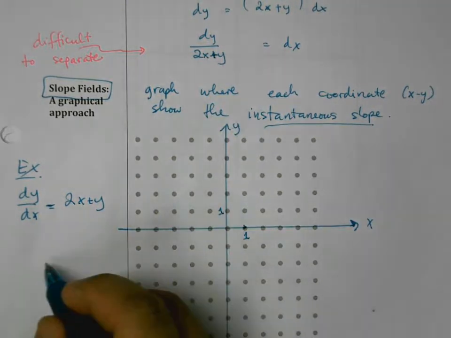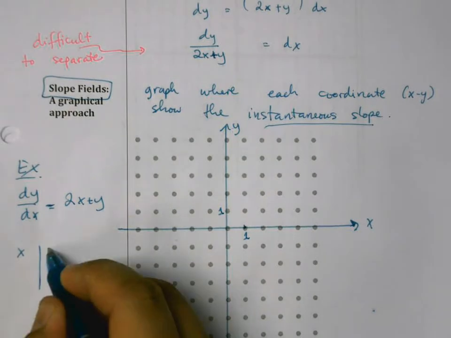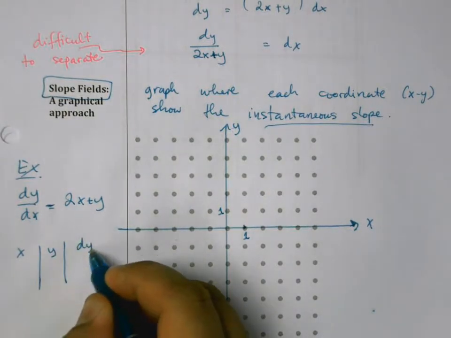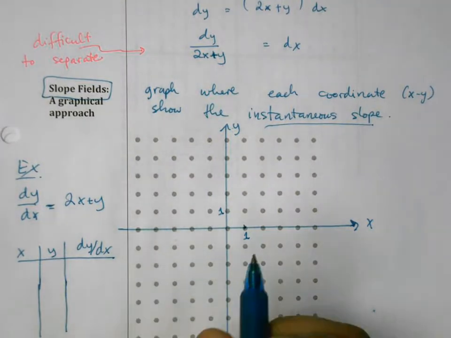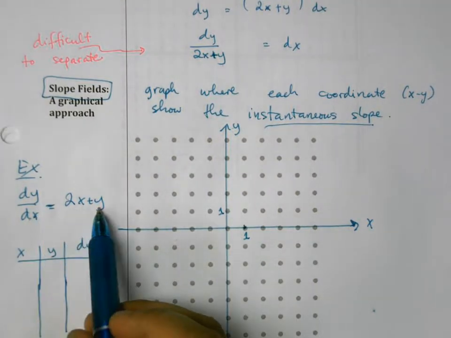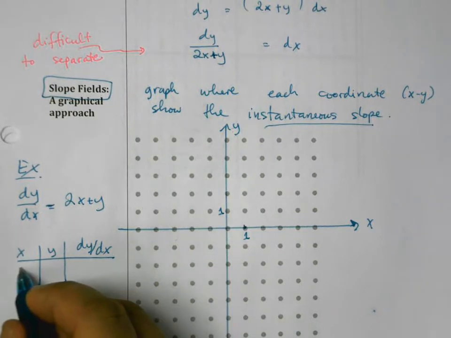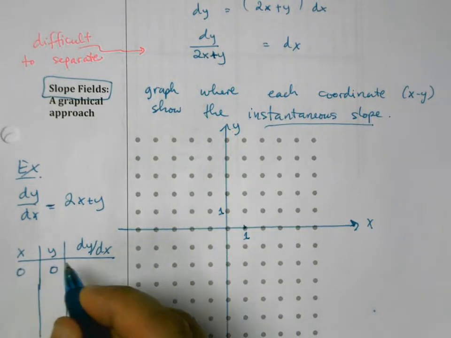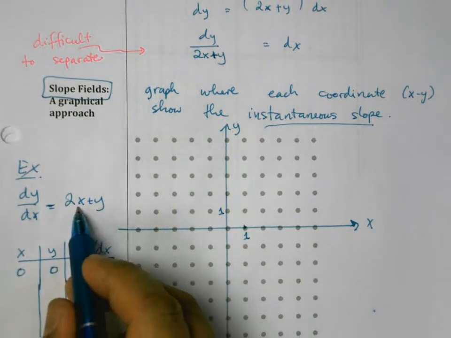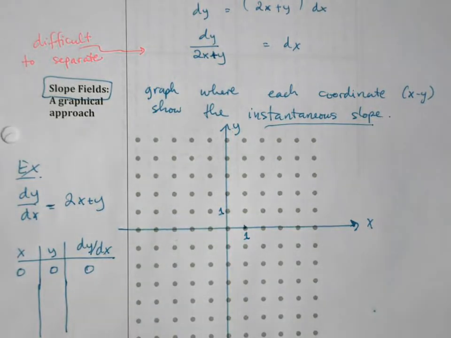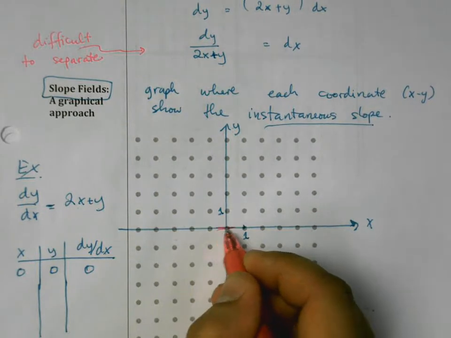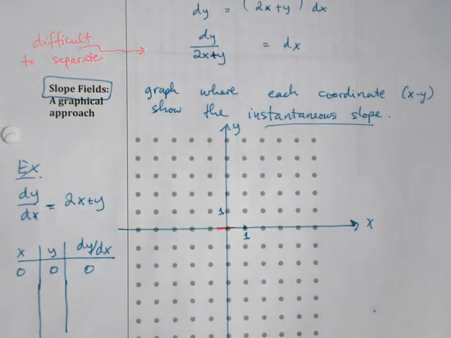Then I'll make a little x, y, dy dx table, where dy dx is equal to 2x plus y. So when x is 0 and y is 0, dy dx is 2 times 0 plus 0, so that's 0. That means at the origin, the slope is flat, and we'll draw a little line segment there to show that.